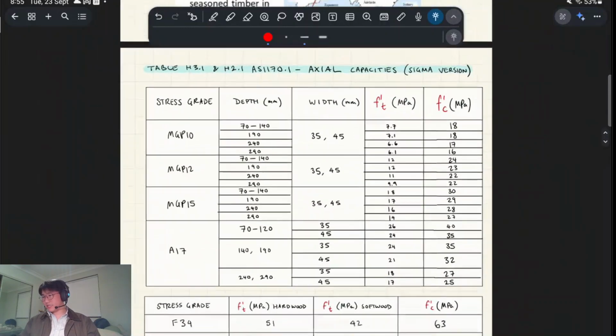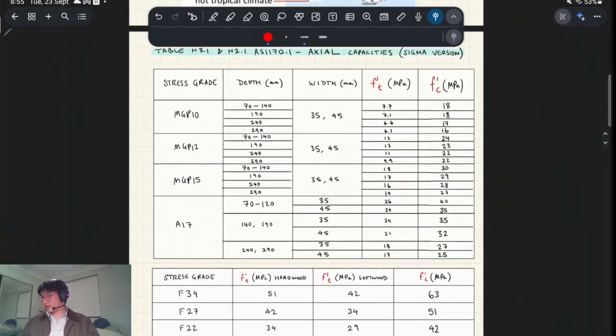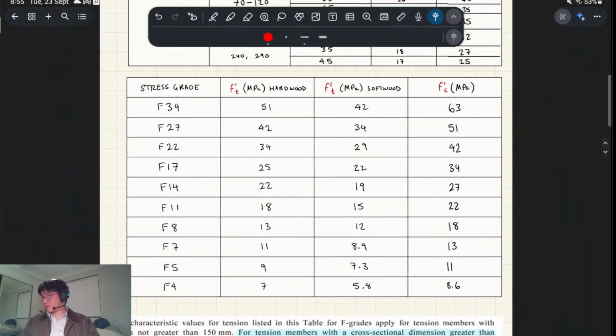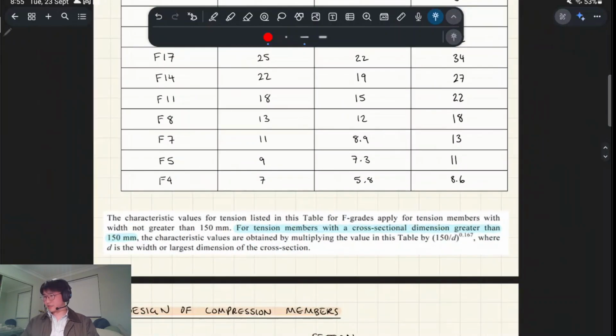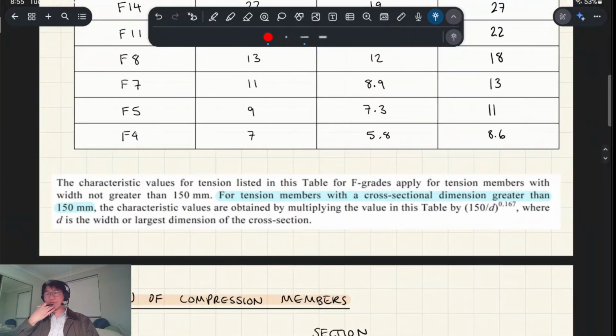But all I've done is extract it so that it only includes the tension and the compression strengths for both. So it's just easier to read, essentially. It's faster to get information. And I've also included, like I was saying, the important notes that sometimes they leave underneath the table as a little asterisk. I've included this as well.